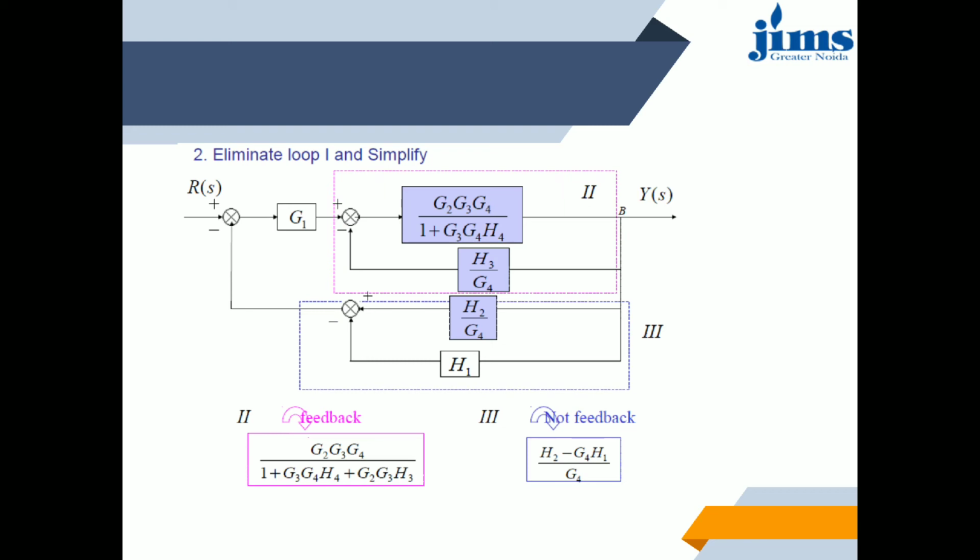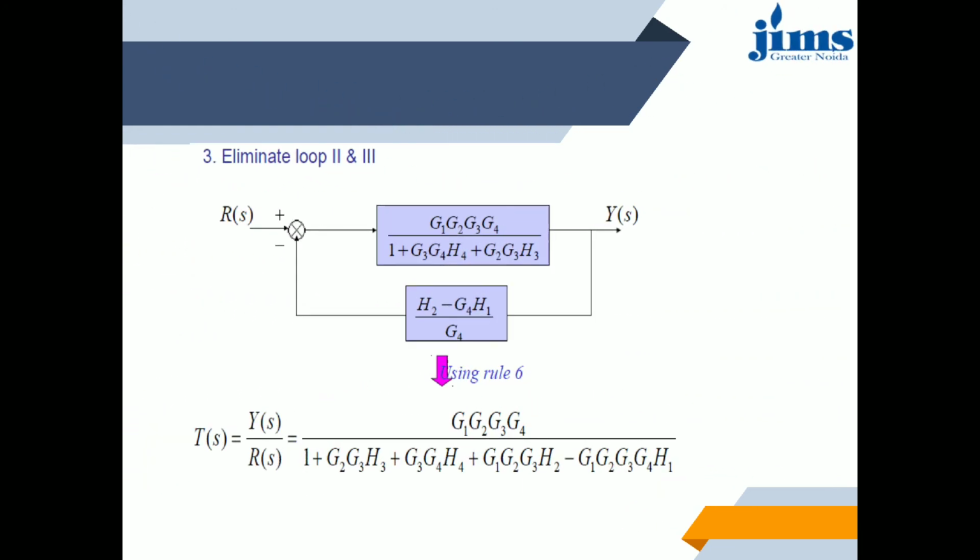Next we are having this closed loop. Whenever you are having a closed loop, again we'll apply gain upon 1 plus gain into feedback. So loop 3 will give you H2 minus G4 H1 divided by G4. By solving these two, we'll get this new gain and this new feedback.